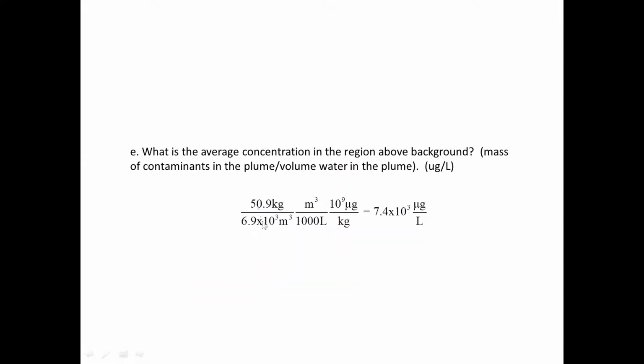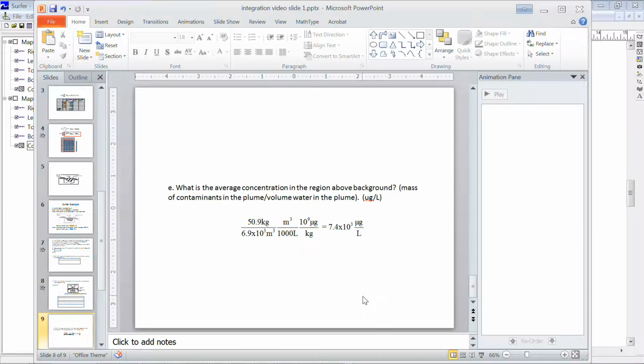So mass divided by the volume, and then what's really helpful is to get this concentration back into the concentrations of the original map. So I did some unit conversions here and got 7,400 micrograms per liter.